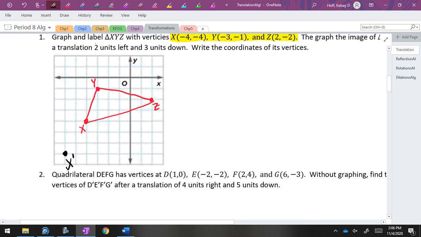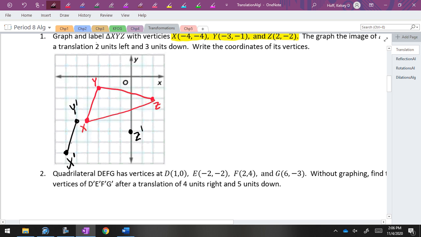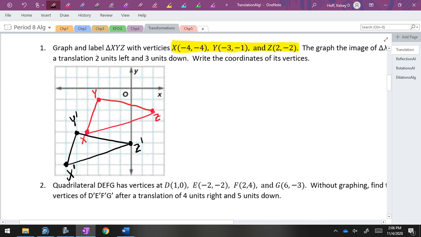That means after I moved it, this is where I wound up. Go do the same thing to the next 2, to Y and Z. Go 2 left and 3 down. When you're done, your shape should be the same size, same shape.